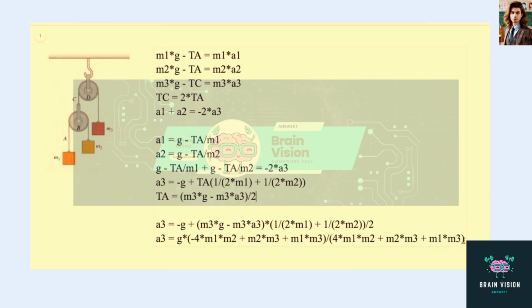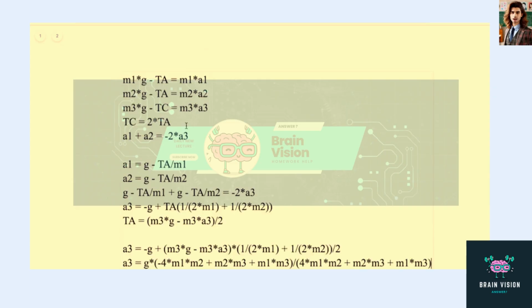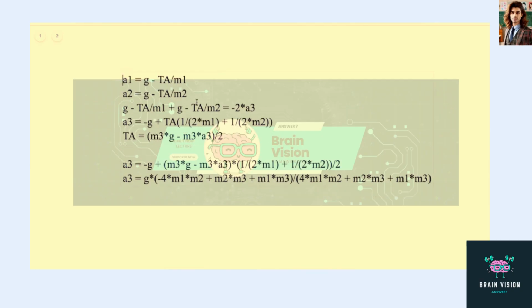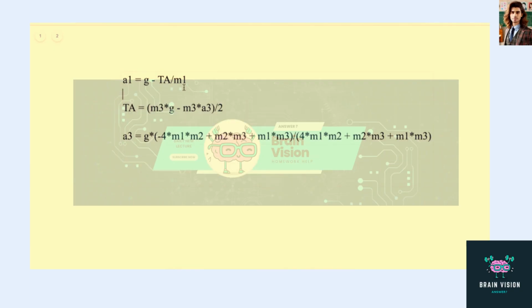So I'm going to copy these over onto a new slide so we can start fresh. All right, so I'm going to use this equation A1. Remember, we want to find A1, and we have A3, so I'm going to keep this here because this is something that we already know.